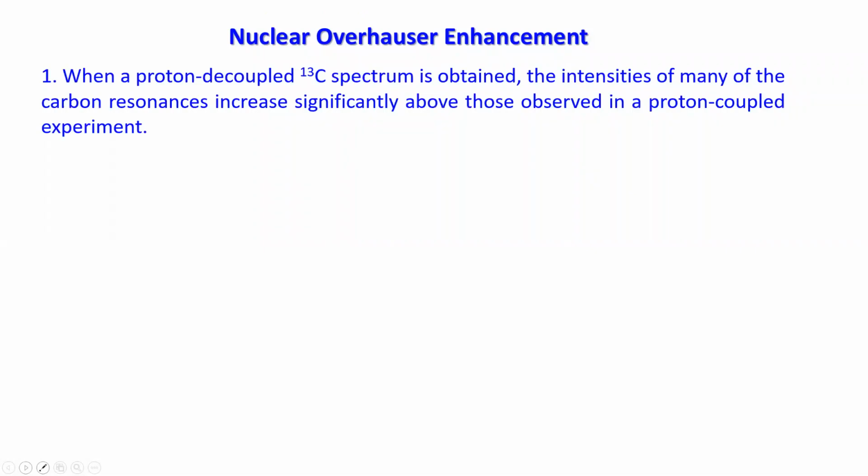Today we'll discuss in more detail why it increases certain peaks in certain environments. In the nuclear Overhauser effect, as we discussed last day, the proton decoupled 13C spectrum has a peak intensity greater than the proton coupled spectrum.